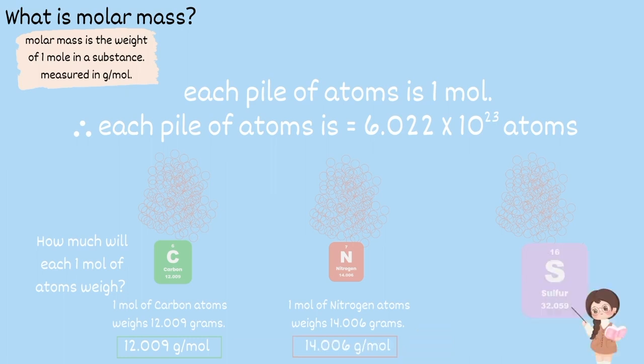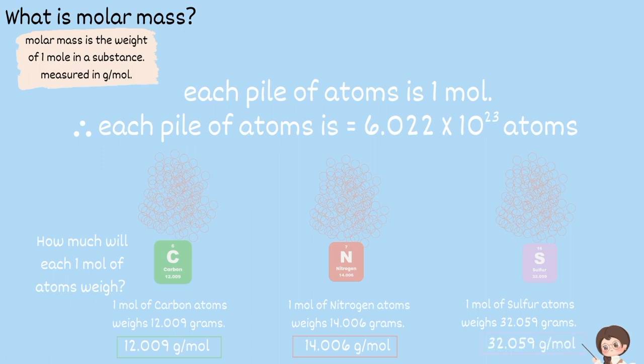Sulfur has a molar mass of 32.059, so 1 mole of sulfur atoms weighs 32.059 grams. Each of these that we just calculated are the molar mass. So each different element or substance is going to have a different molar mass.